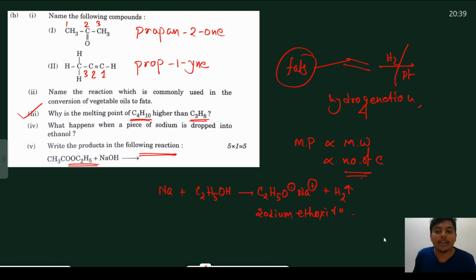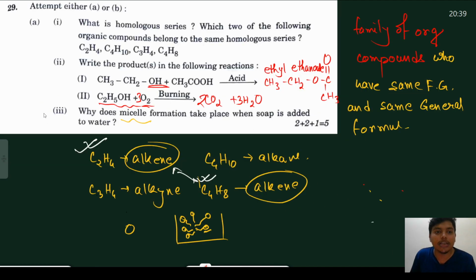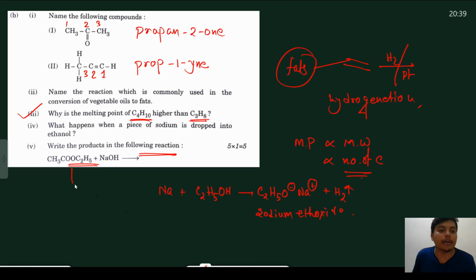Here esterification is given in the first question, and here it is the reverse reaction. This will break, so finally we get CH3COONa plus C2H5OH, alcohol plus sodium ethanoate.